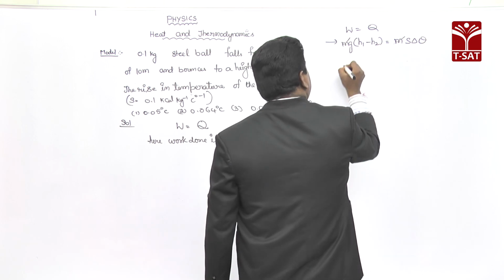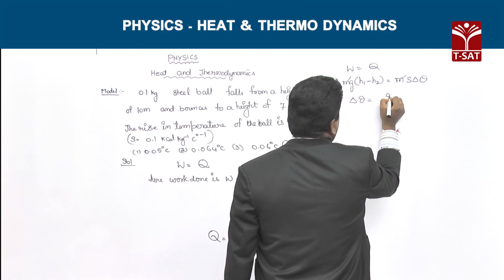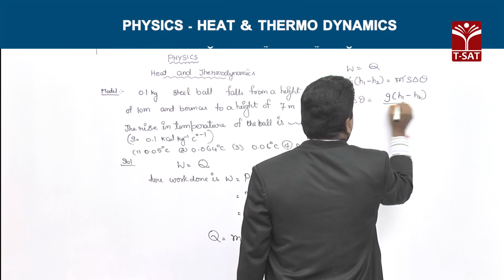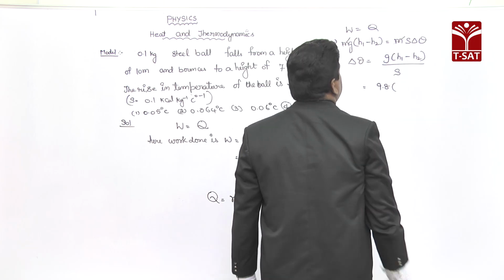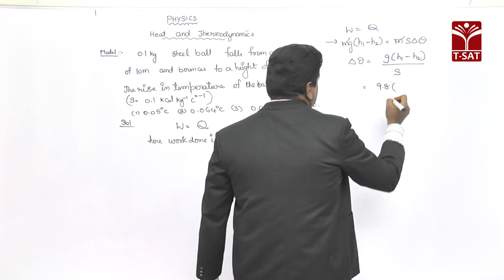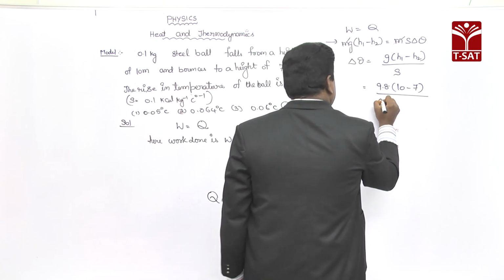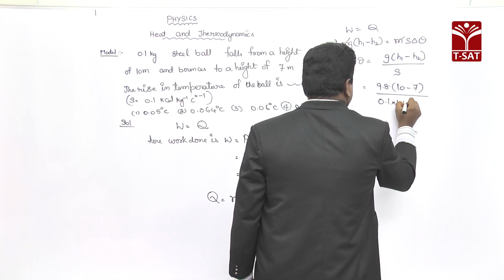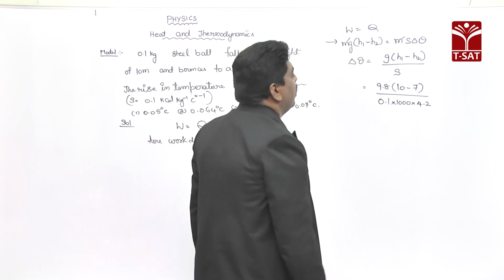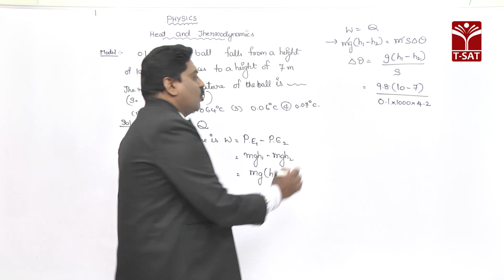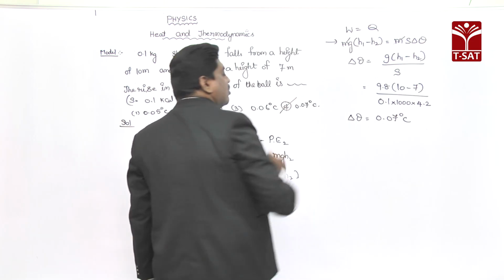M gets cancelled off and delta theta, the required one in the problem, is given as delta theta equal to g into h1 minus h2 by s. g is given as 9.8 and the difference in heights h1 minus h2 is given as 10 minus 7, divided by the specific heat 0.1 into 1000 into calorie, which can be converted as 4.2 joules. And after completing the process, we get the rise in temperature as 0.07 degrees Celsius, which is our fourth option.